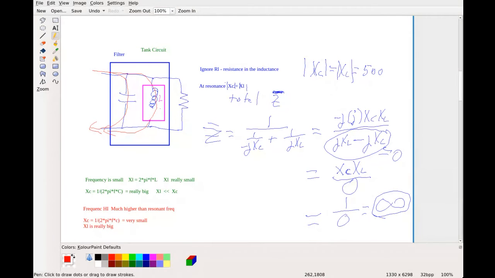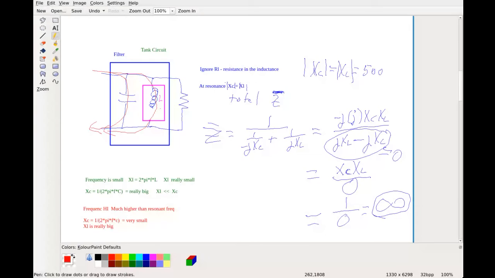And so the signal is going to drop down through one of these two, depending if it's at a high frequency or a low frequency. It's not going to make it past the filter to the load, to our speaker or whatever. So we're basically shorting out those frequencies we don't want.